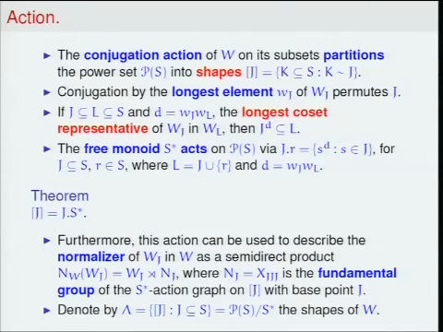Down here, 1, 2, there's exactly one element that I could try to use and make it bigger.